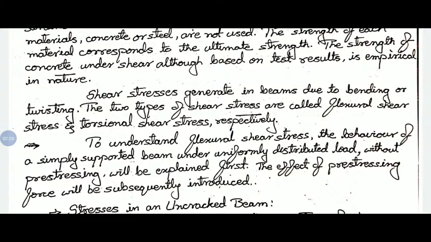As per our syllabus, we are concentrating only on flexural shear stresses. To understand what flexural shear stresses are, first we need to consider how a simply supported beam with UDL will behave, and later the concept of pre-stressing will be added to the flexural shear stress developed in the simply supported beam with UDL.